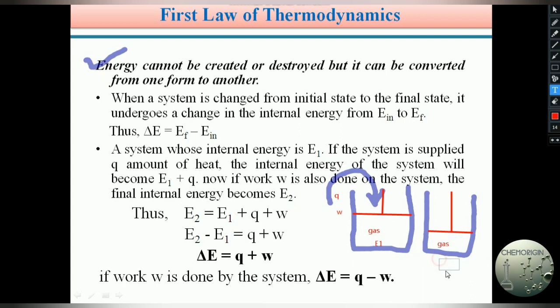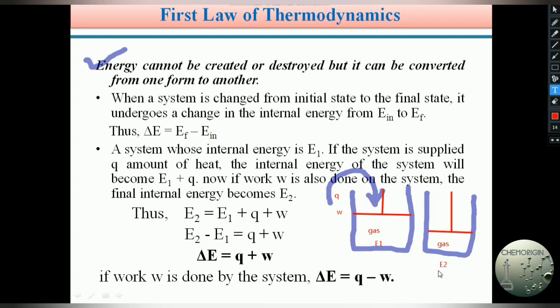Here the internal energy you can assume as E2. Therefore, initially the internal energy is changed from E1 to E2. By applying Q amount of heat, W amount of work takes place and internal energy changes from E1 to E2. Here you are applying energy on the system, therefore work is done on the system.